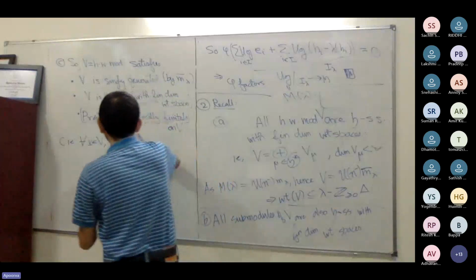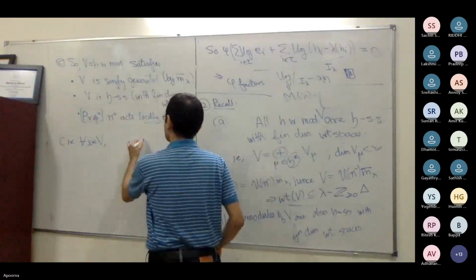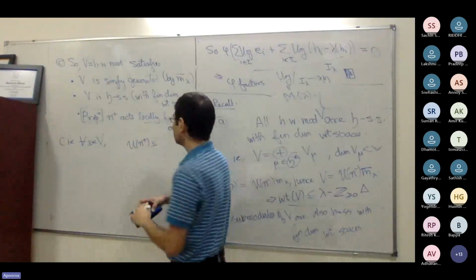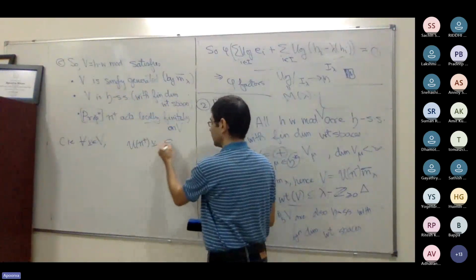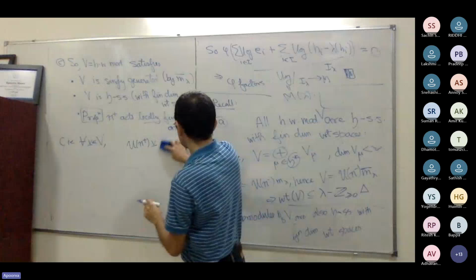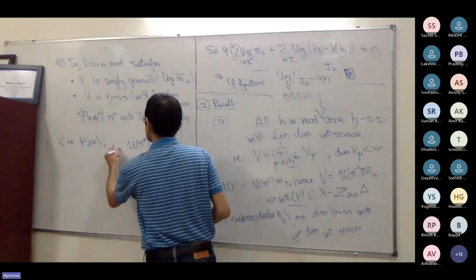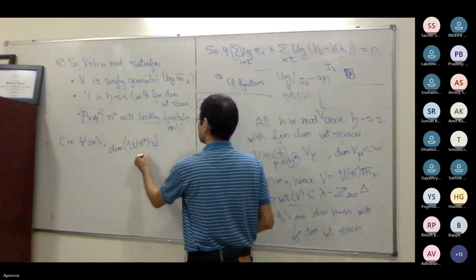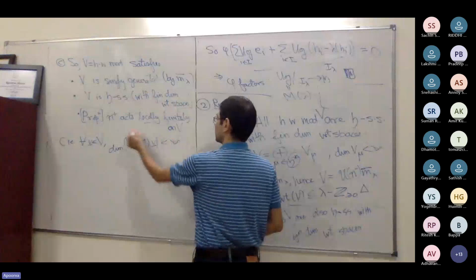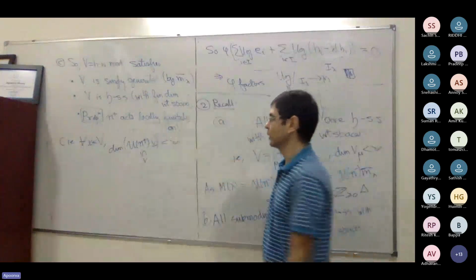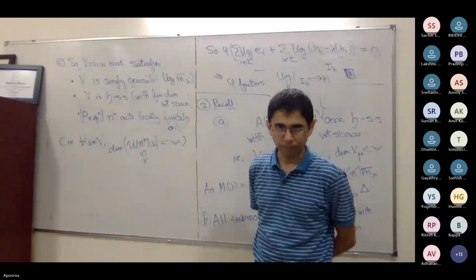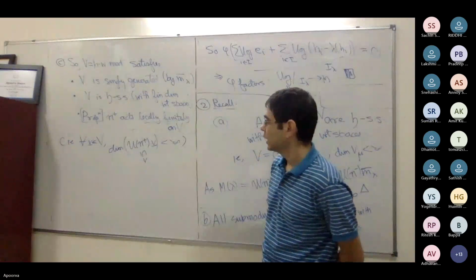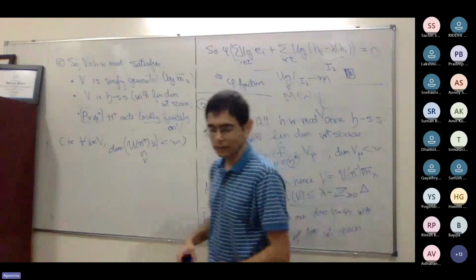If I look at UN plus times v, now, first of all, capital V is a G module, so of course this is contained inside capital V. That part is right. The point is the dimension of this subspace of V is finite for every starting point. That is the definition of locally finite. So let us prove this. But before proving it, let's see an example.